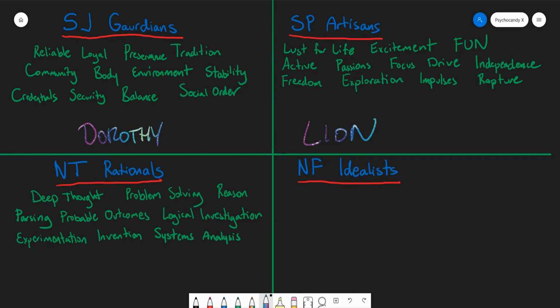So in The Wizard of Oz, the character that most correlates with the NTs, the rationals, would be the Scarecrow, because of course the Scarecrow desires or is seeking a brain. And this correlates to the rationals because they value the logical capabilities of the brain and the possibilities and conclusions that can be made through a purely logical understanding of the world.